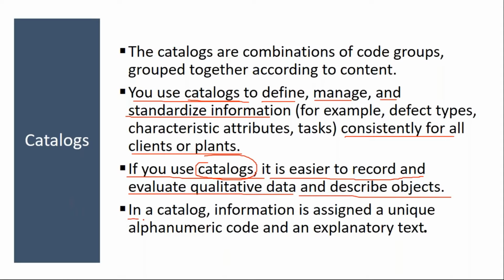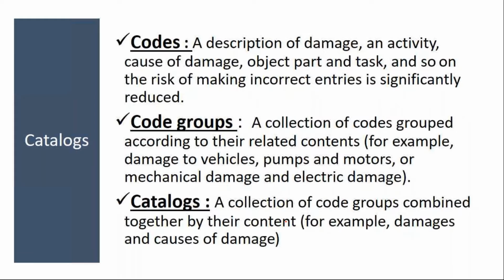In a catalog, information is assigned a unique alphanumeric code and an alpha explanatory text. This also I will show in the system. So basically, in the catalogs, first you maintain codes, and after that these codes are clubbed into code groups, and while creating these codes you will use the catalog.